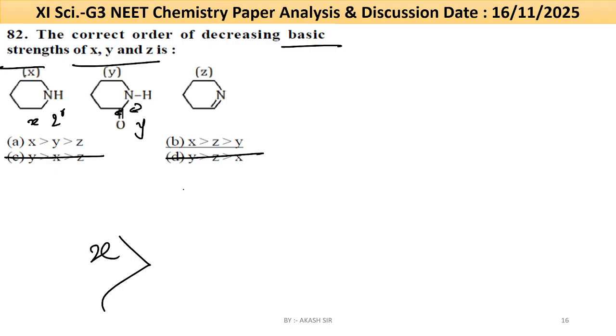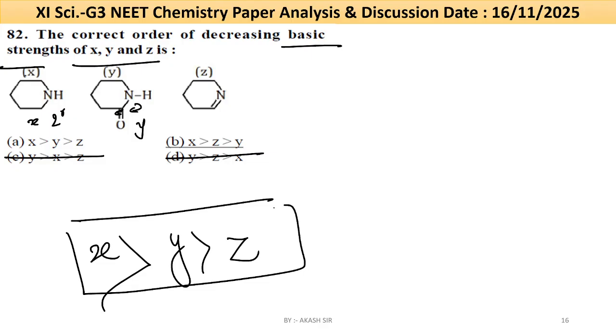Lactam, that is Y. The presence of a carbonyl group adjacent to the nitrogen in a lactam significantly reduces the basicity of the nitrogen due to the delocalization of the nitrogen lone pair onto the carbonyl. So Y is the last one. So the order must be X is greater than Z, and Z is greater than Y.